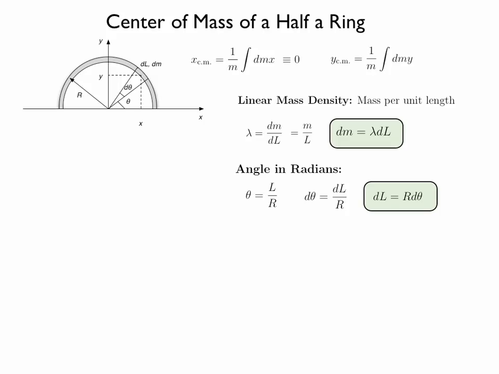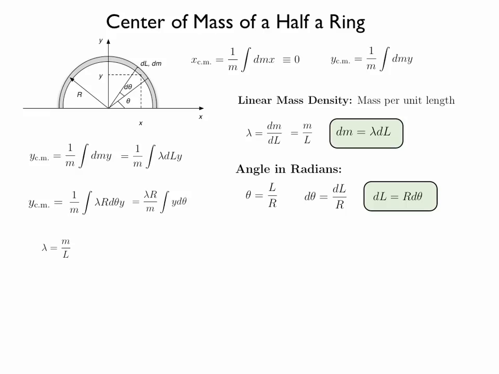With the two expressions for dm and dl, we go back to the integral for the vertical position of the center of mass of the ring, 1 over m integral of dm y. We replace dm with lambda dl, and we also replace dl with r d theta. And so eventually the integral becomes lambda r over m integral of y d theta.